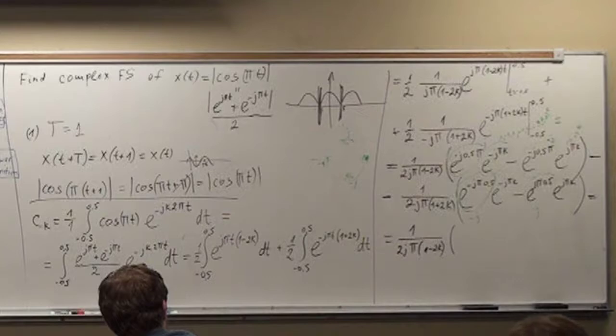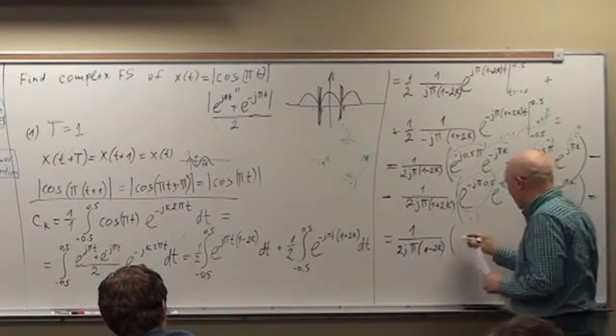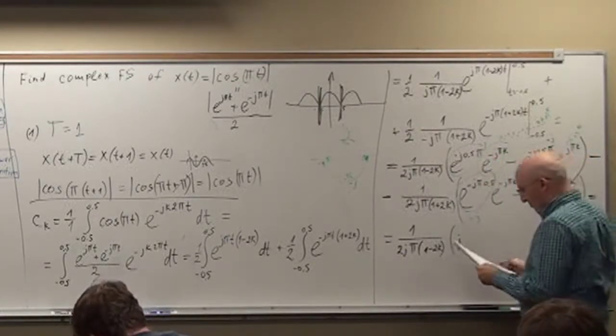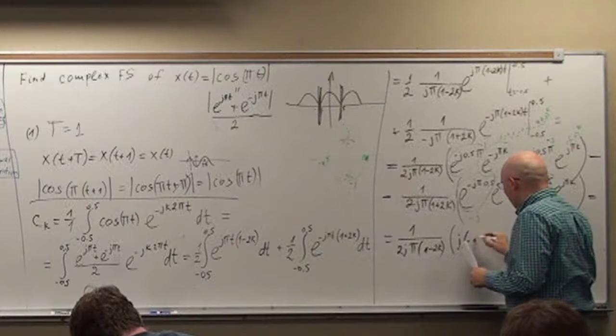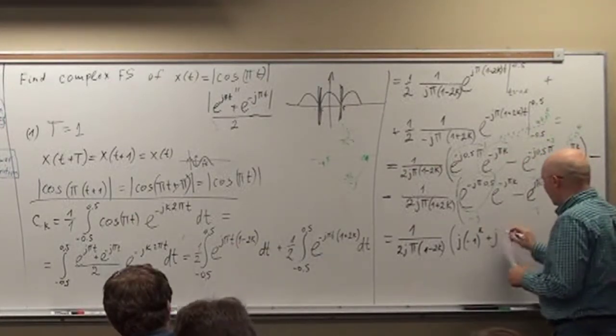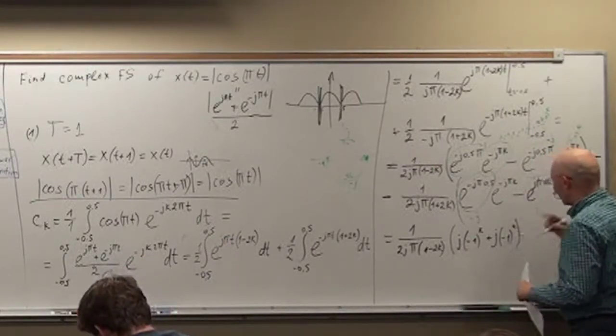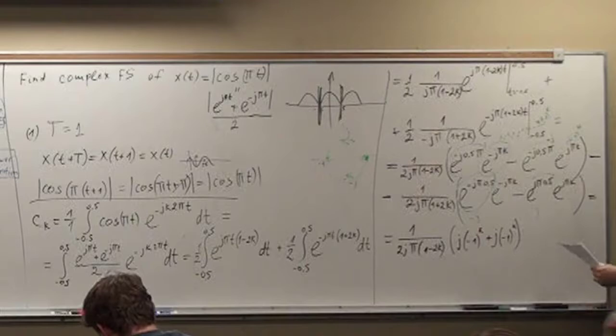Okay, so now we know that we can write it in a much simpler manner. So it will be j from here times minus 1 to the power of k plus j, all the same thing, minus 1 to the power of k, which is basically twice the same thing.